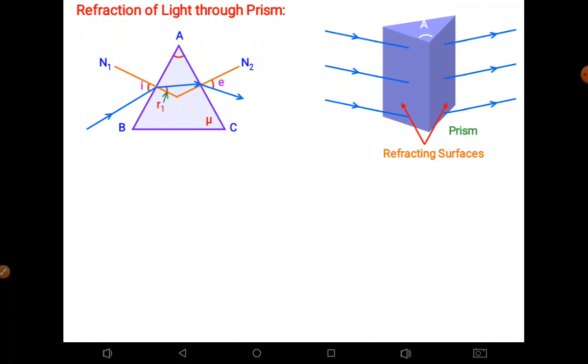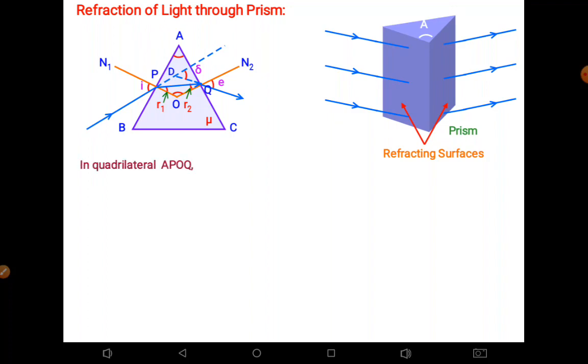Angle A is the angle of prism, R1 is the angle of refraction at surface AB, and R2 is the angle of refraction at surface AC. There is another angle, that is O. Now if we extend the incident ray in the forward direction and the emergent ray in the backward direction, they intersect at a point, and the angle between them is denoted by delta and known as the angle of deviation.